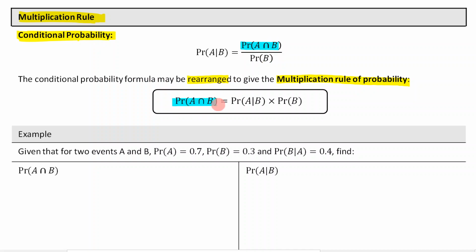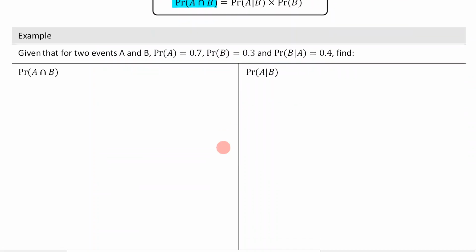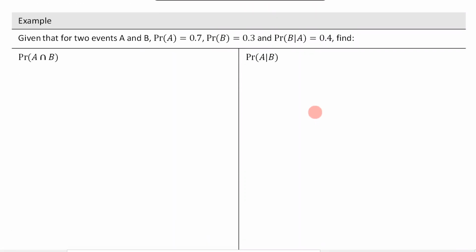All we've done to achieve that is we have times both sides by B, and now that goes away with that. So this is equal to this, which is what it says there. And this is a very useful formula, and you'll see it in action right now.